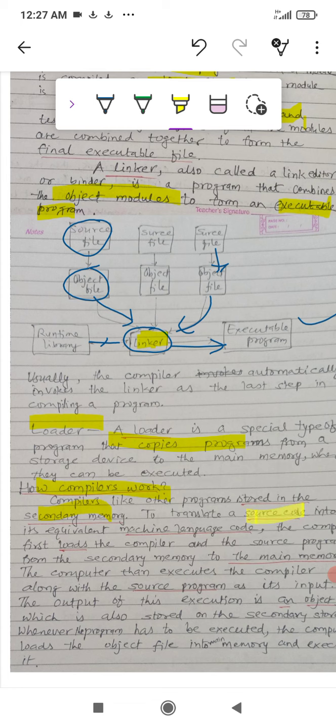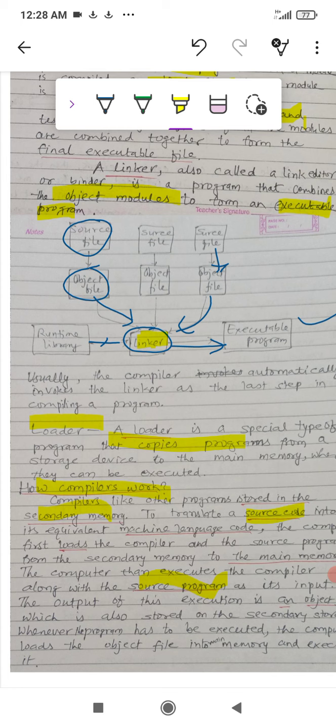To translate a source code into its executable machine language code, the compiler first loads the compiler and the source programs from the secondary memory to the main memory, and the computer then executes the compiler along with the source programs as its input, and the output of this execution is an object file which is also stored on the secondary storage.